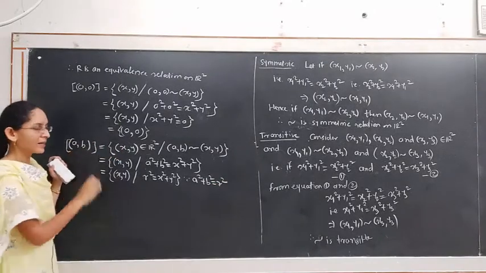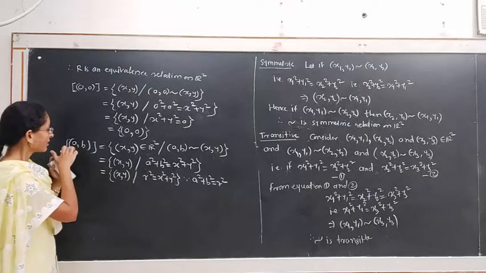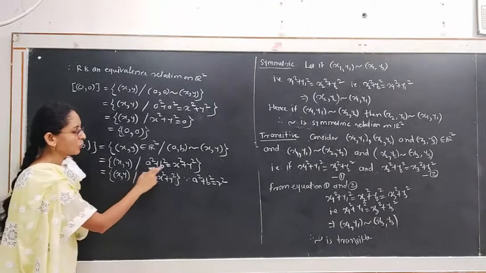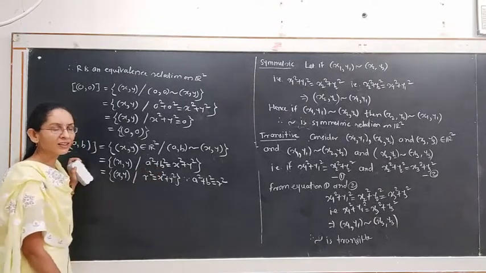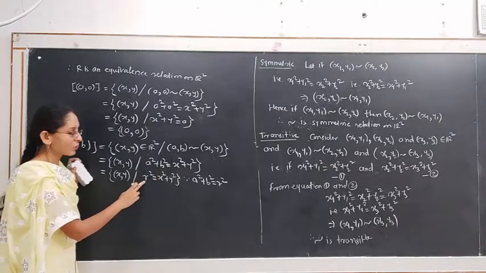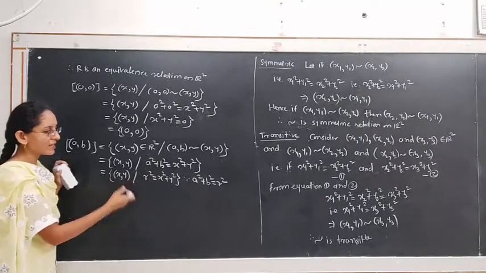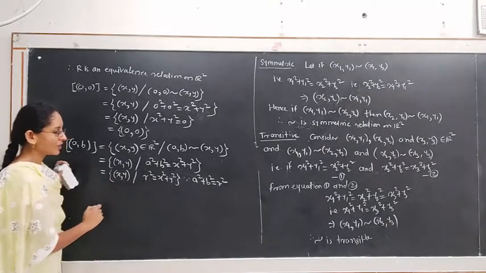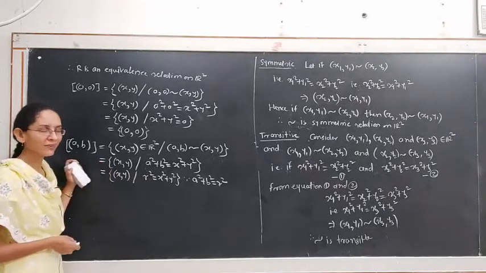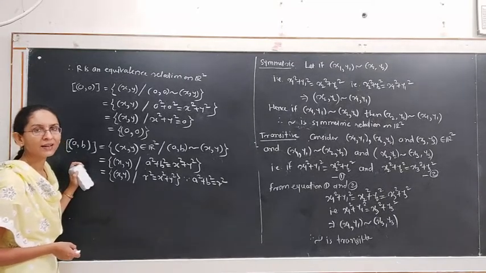As (a, b) is one point in R2, a and b are fixed real numbers, hence the sum of their squares is also a fixed real number. a square plus b square is constant, say it is r square. Hence we have the set of all points (x, y) in R2 satisfying this condition. But this is the equation of a circle. x square plus y square equal to r square is the equation of a circle having center at origin and radius r.